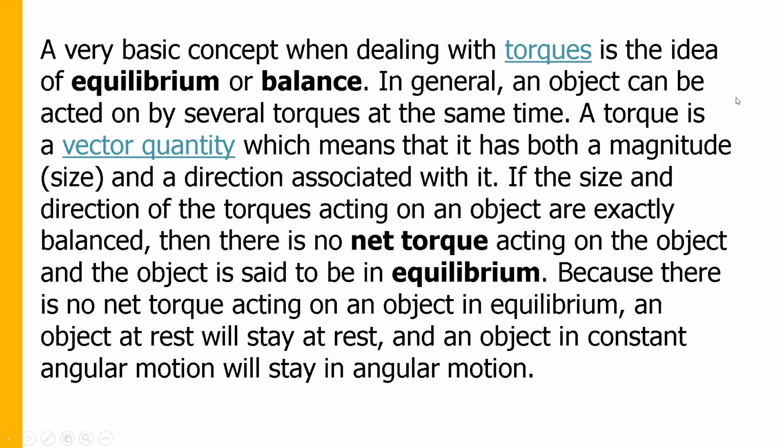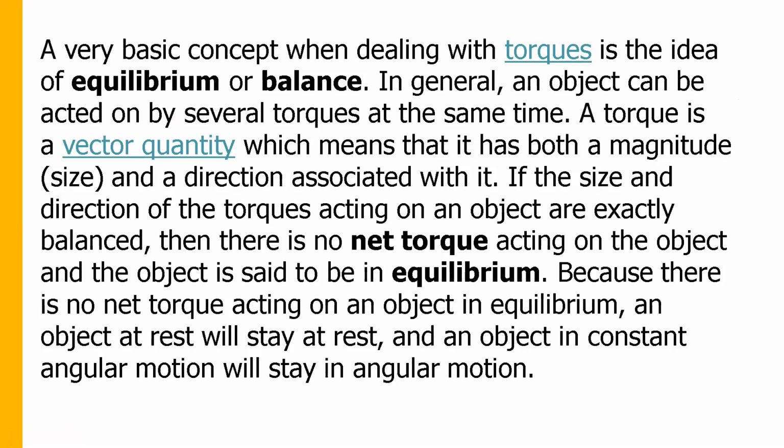A very basic concept when dealing with torque is the idea of balance. In general, an object may be acted on by several torques at the same time. Torque is a vector quantity, which means it has direction and magnitude.